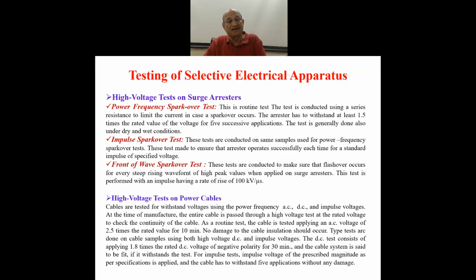When the pulses are applied, not just a single pulse, a number of pulses are applied. In this case, 5 pulses must be applied repeatedly, consecutively. This may be required to be done under conditions other than simple dry weather.